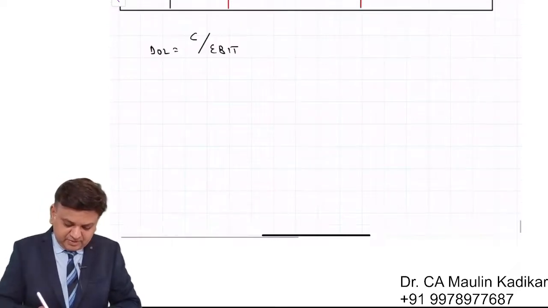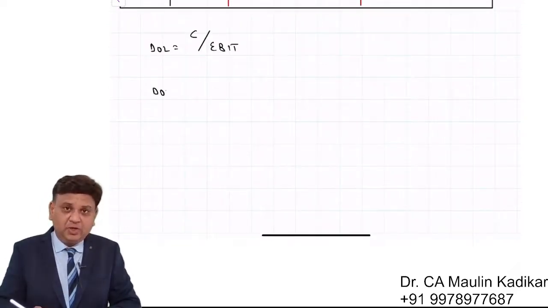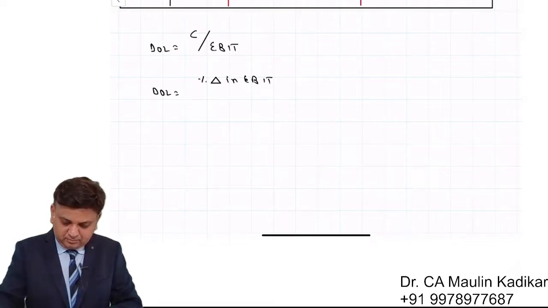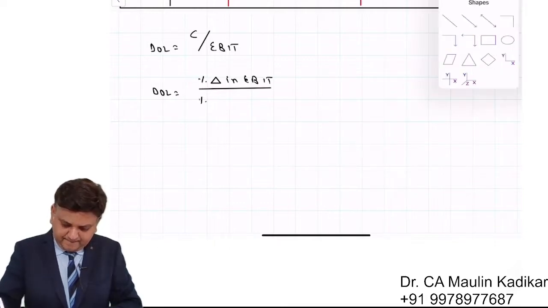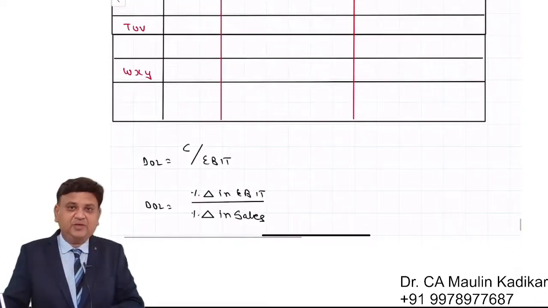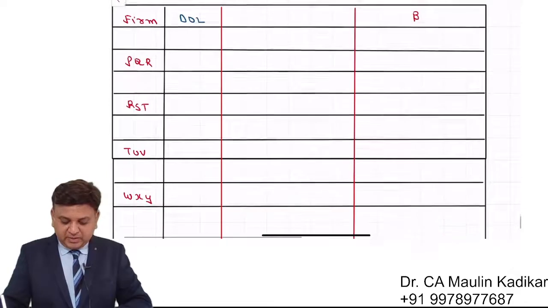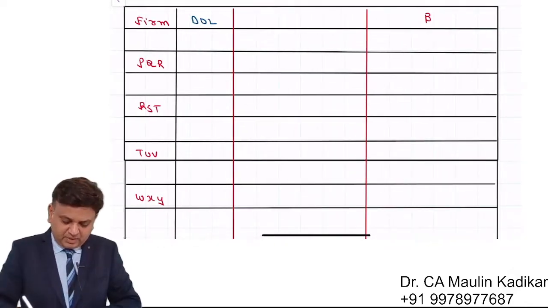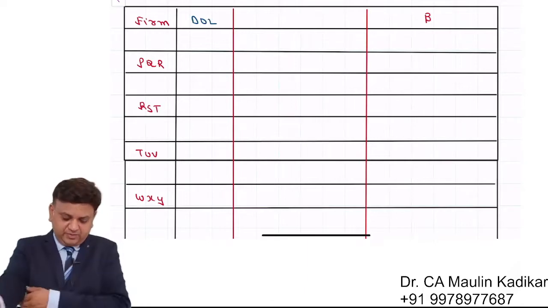So instead of this formula, we have to compute the DOL by using the formula percentage change in EBIT upon percentage change in sales. That is the way we can apply the DOL formula. So over here, we can make the calculation like this. I request all of you to write down the answer along with me.